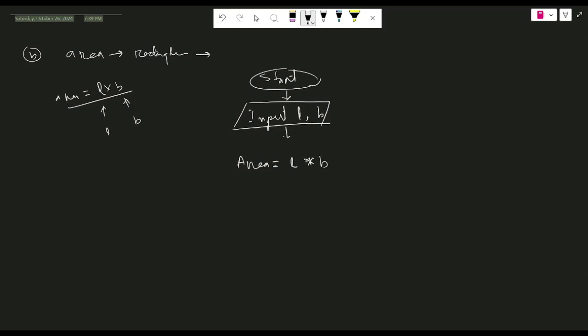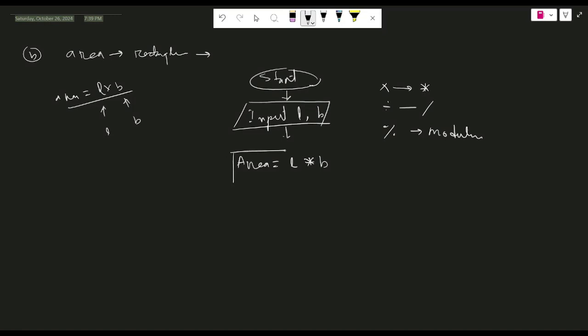See, one thing is, in computer the multiplication symbol is star, and the division symbol is slash. And this is not a percentage symbol, this is called modulus.